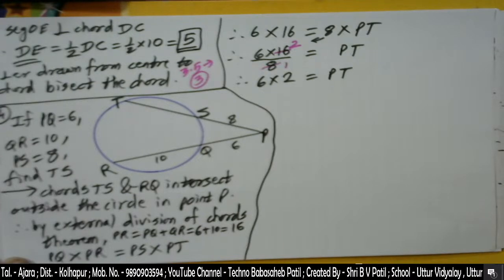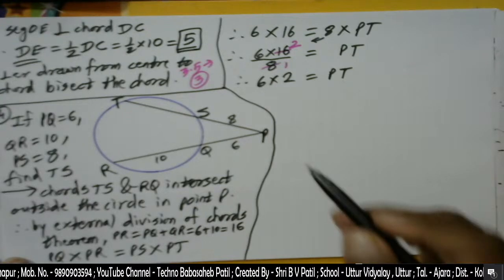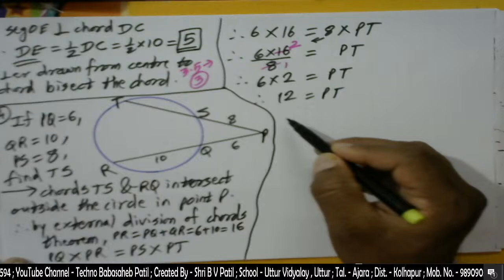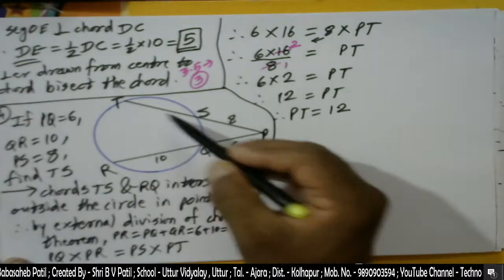Multiplication is 12, so PT is equal to 12.